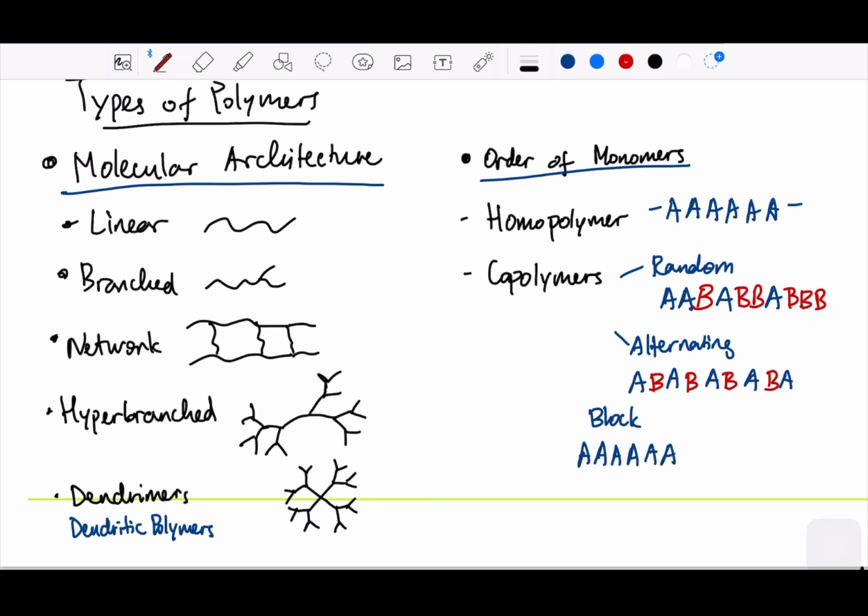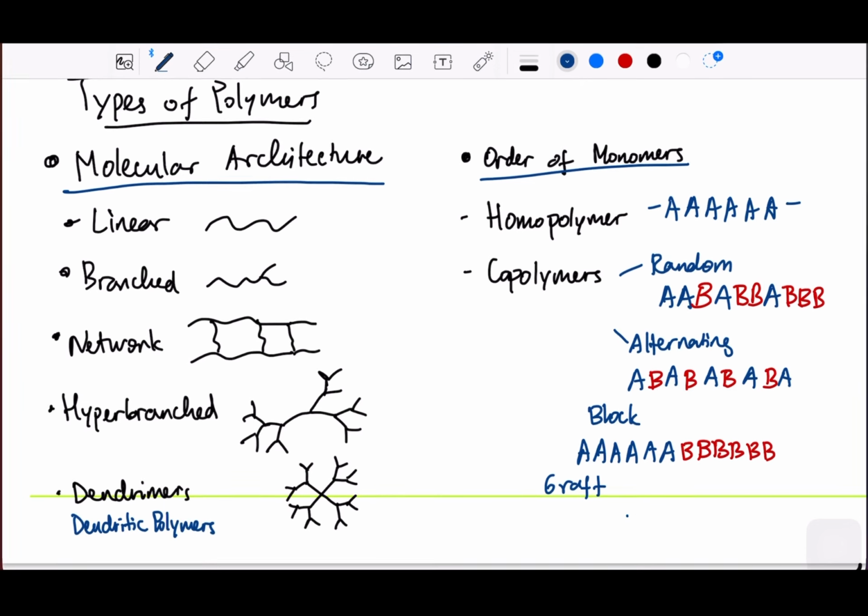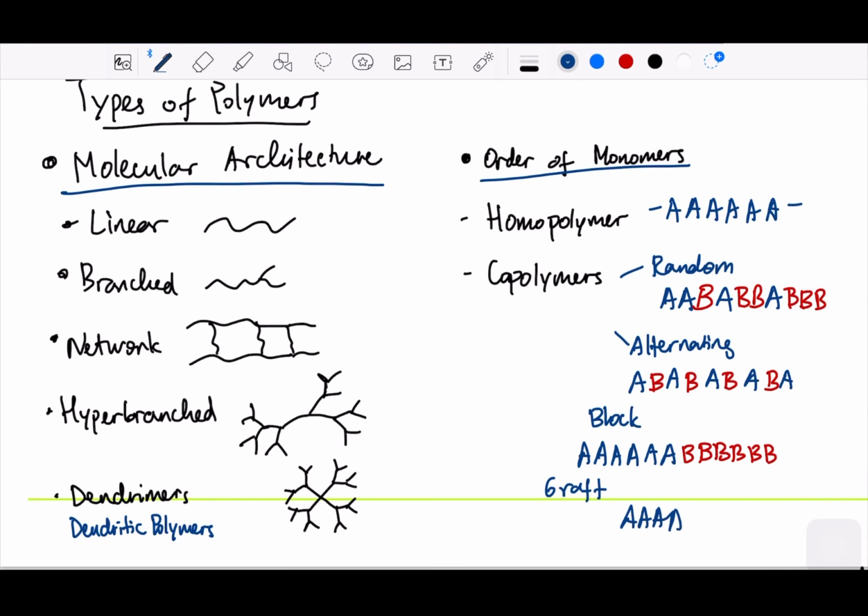One block is A, another block is B. And we can have graft. Graft is the branch. Okay. So if the main polymer is A, we can graft B on each branch.